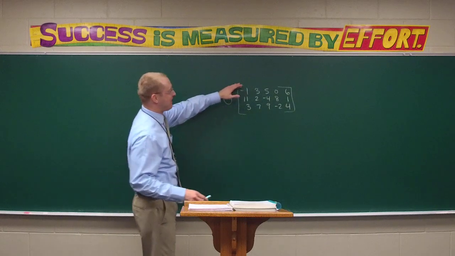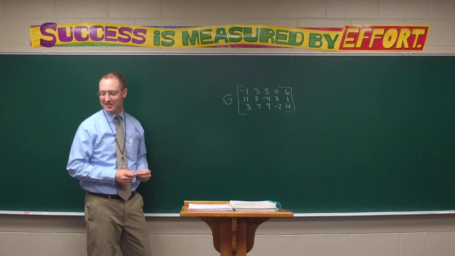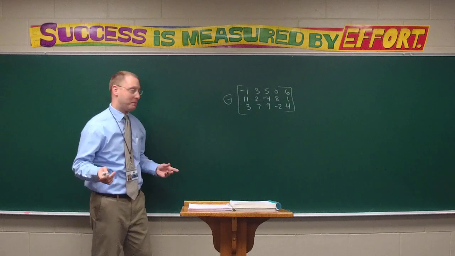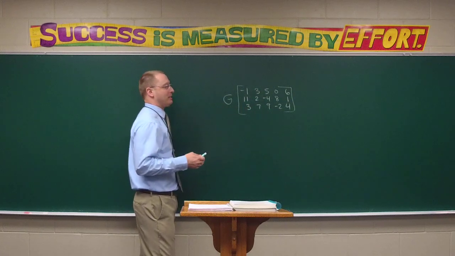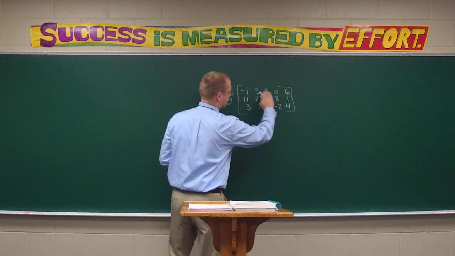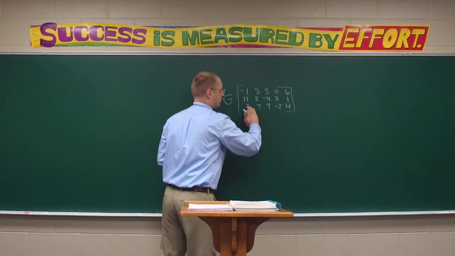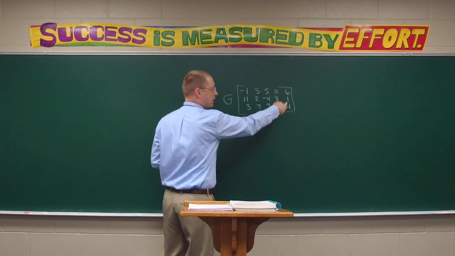Now every number, every value in the matrix is referred to as an element. So not a term of the matrix, but an element of the matrix. And every element has an exact location or name based on where it is. These horizontal arrangements are referred to as rows, and the vertical arrangements are called columns.